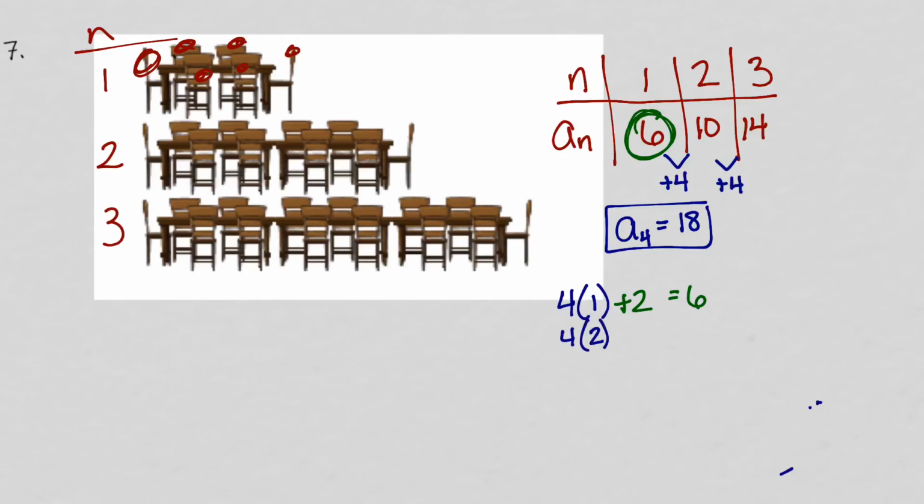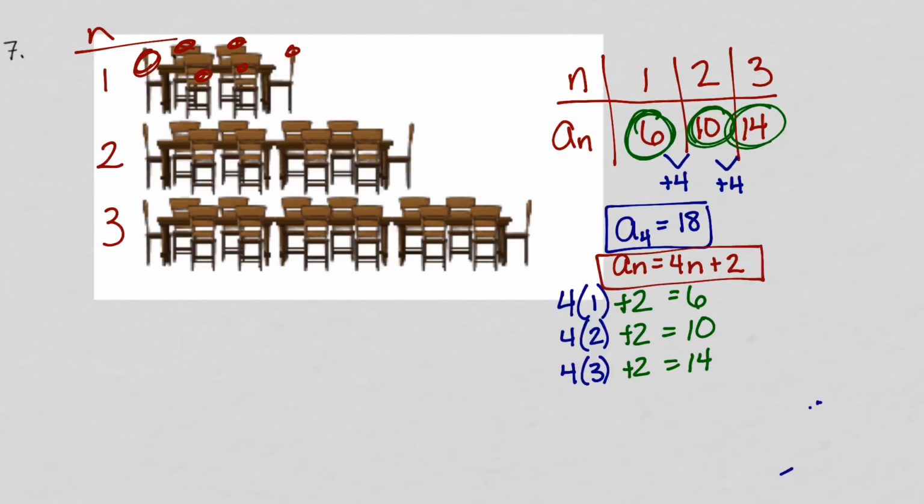Second picture, 4 times 2 is 8, but I want 10, so I'm going to add 2 to that, and I get 10. And then I have 4 times the third n, and that is 12, but I want 14, so I do have to add 2. So to write my rule for the nth term, it's 4 times n plus 2.